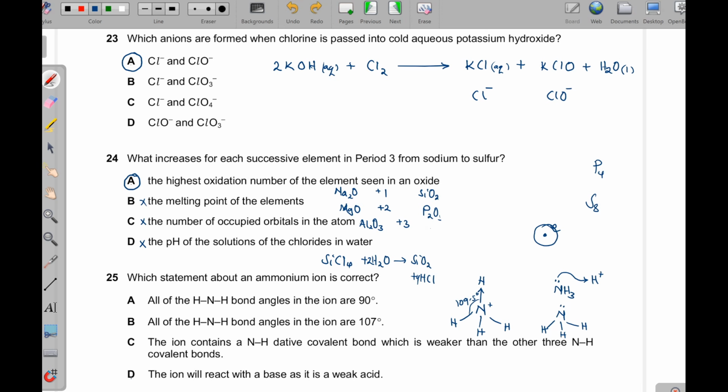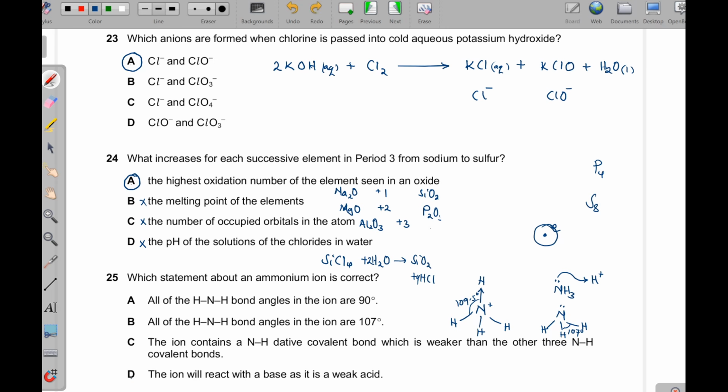You get it? So this angle is below 109.5, which can be 107. The moment you remove the lone pair and put a bond pair, they expand, because the repulsion from here has been reduced. So the shape changes from trigonal pyramidal to tetrahedral.